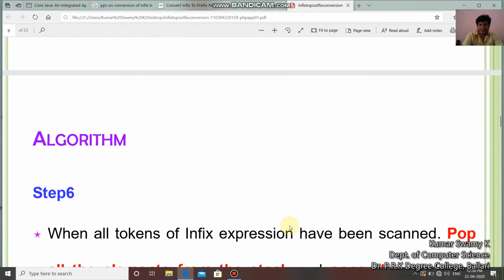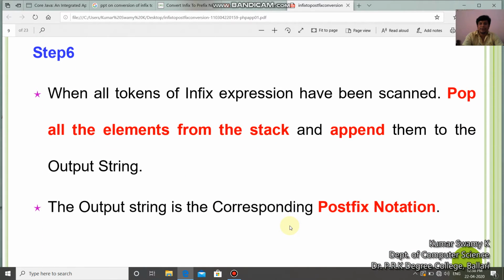The sixth step: when all tokens of the infix expression have been scanned, pop all the elements from the stack and append them to the postfix notation or output string. The output string is the corresponding postfix notation.